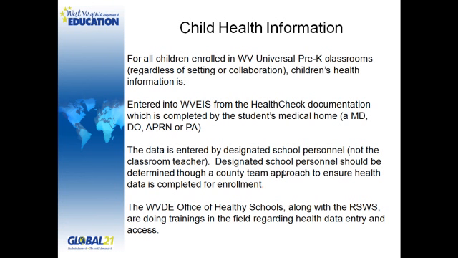In the past, the West Virginia Department of Education's Office of Healthy Schools, along with their RSWs, have done trainings to support health data entry and access, and currently, as of March 2013, and even in February 2013, the Offices of Early Learning and Information Systems have been working together to do some VPN off-site access to WVEIS so our off-site locations can enter health data as well.